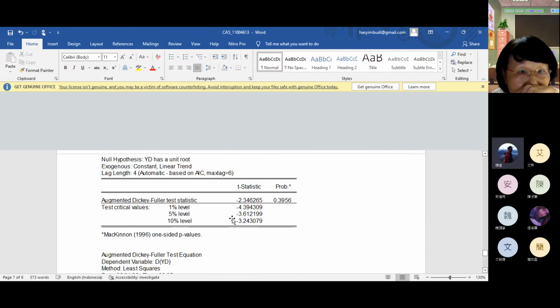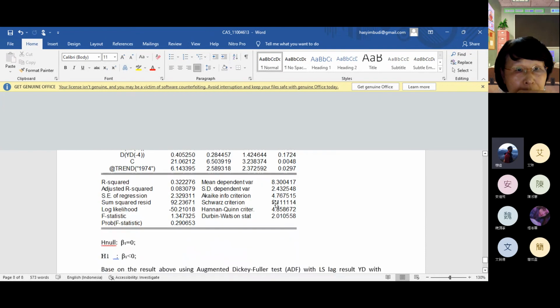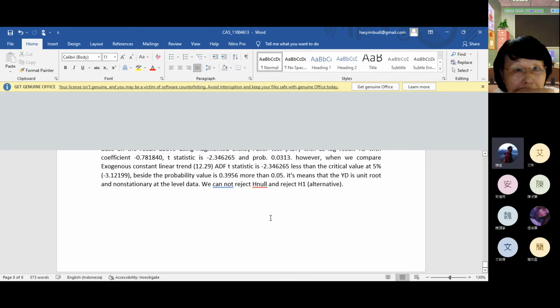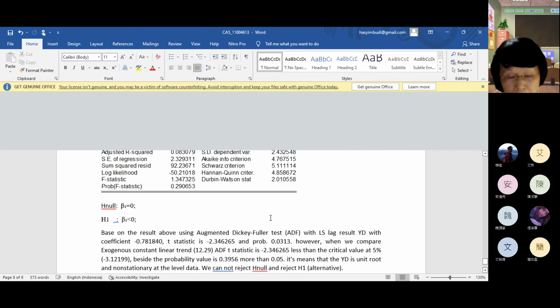And then the augmented Dickey-Fuller test, the t-statistic is still less than 5%. This means we cannot reject its null and cannot reject its alternative. Okay. Thank you, bro.